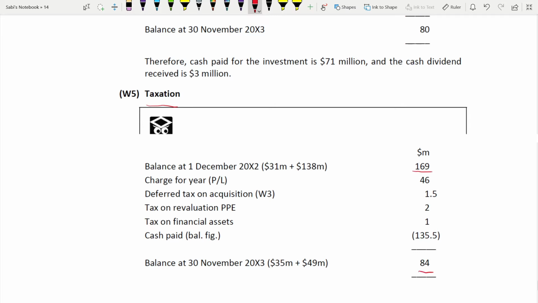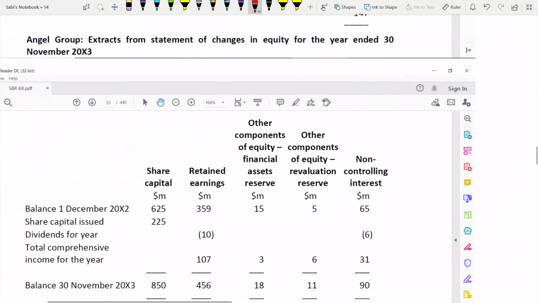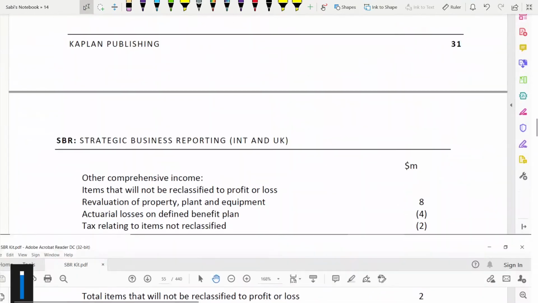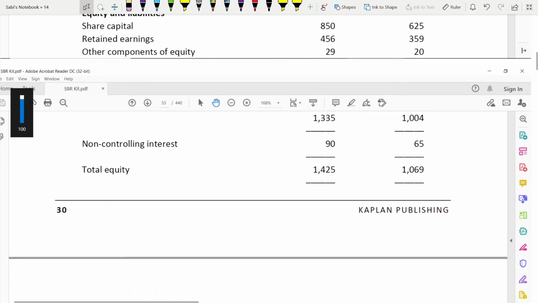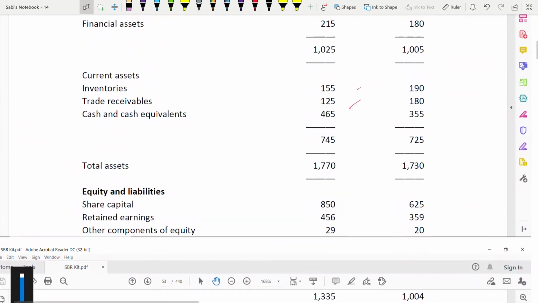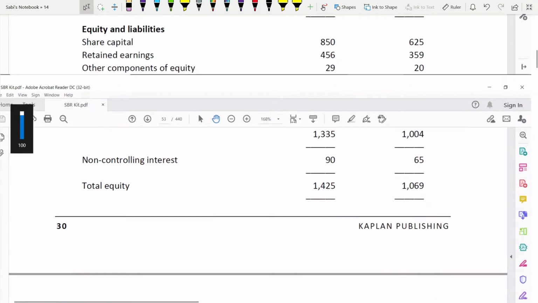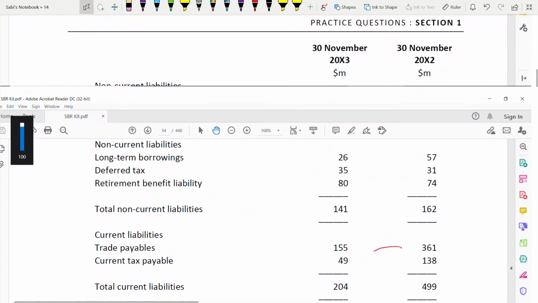What do you do? Add both the income tax and the deferred tax. Income tax and the deferred tax. We'll go to this statement of financial position. Okay, if you go under your non-current liabilities, one is deferred tax, this is 31.